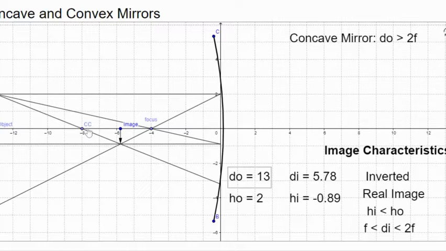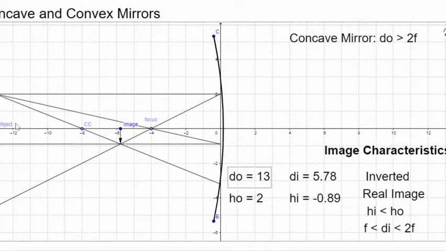Well, the center of curvature, you can see CC right there, is 8 centimeters. So the object is well past that. Not quite twice as far as the center of curvature, but well past it. Also remember that the center of curvature is 2 focal lengths. So the focal point is at 4. That's why the center of curvature is at 8.